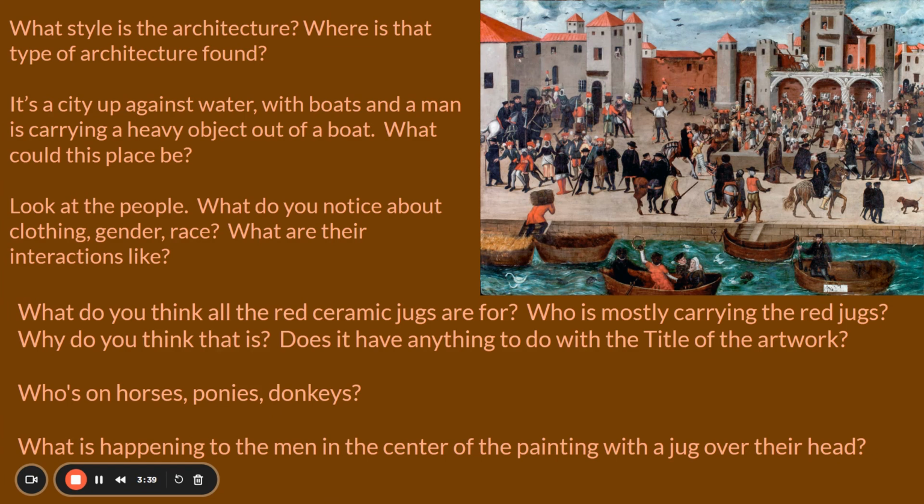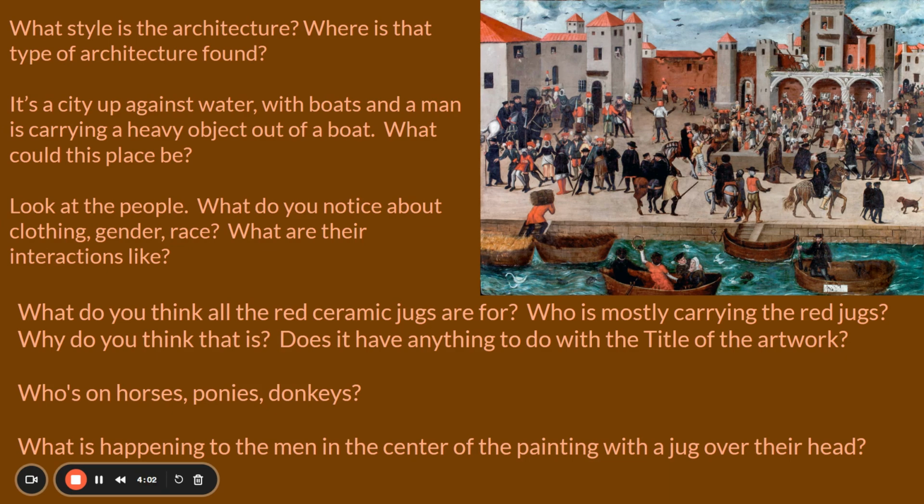Don't just acknowledge that maybe there's more than one race or there's boys and girls, right? But try to notice what about the males versus the females? What are the males doing versus the females? The same with race.